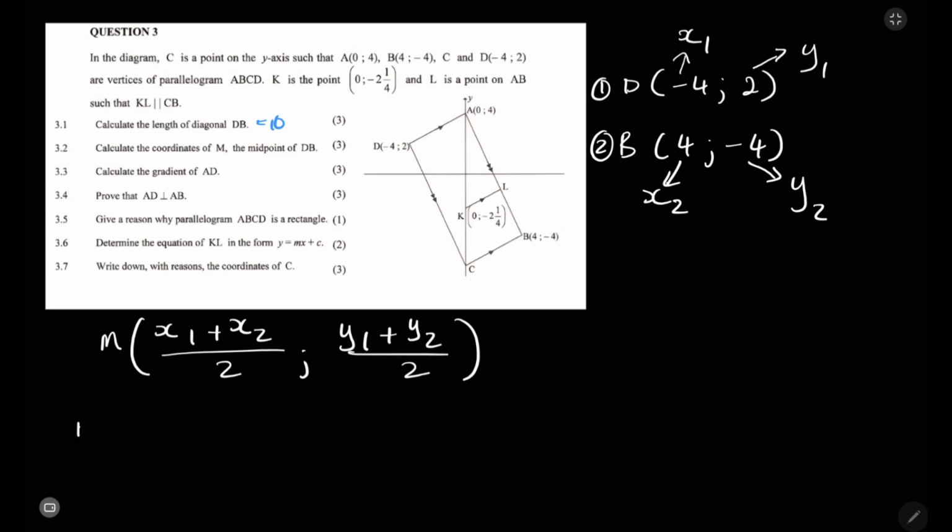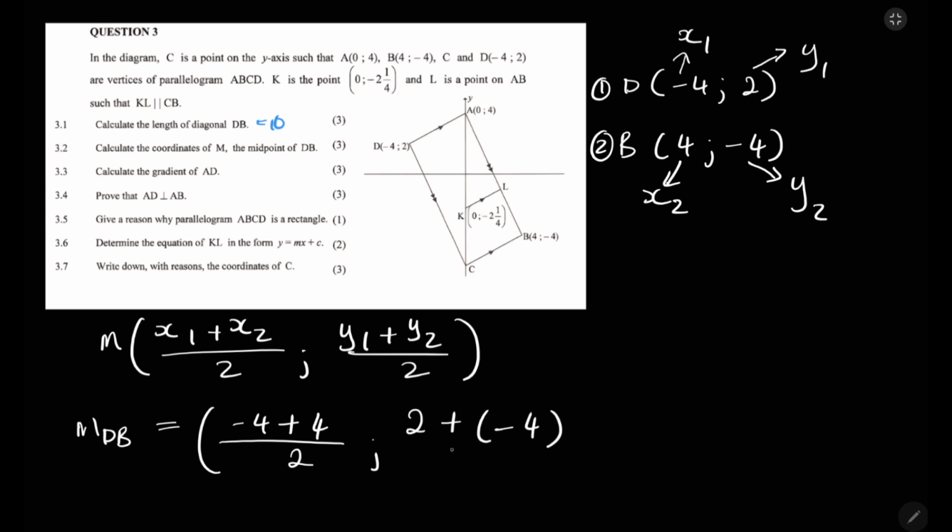Now let's substitute. Let's find the midpoint of DB. X1, which is -4, plus X2, which is 4, over 2. We also have Y1, which is 2, plus Y2, which is -4, all over 2.